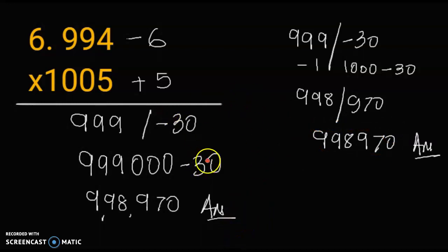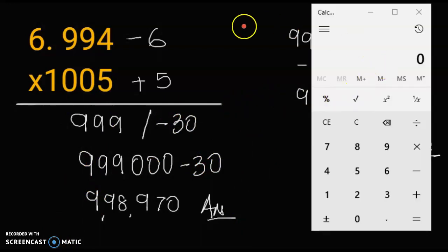I will show one of the result on the calculator also, just wait. So here I am going to show you the result that we have got on the calculator. So 994 times 1005.